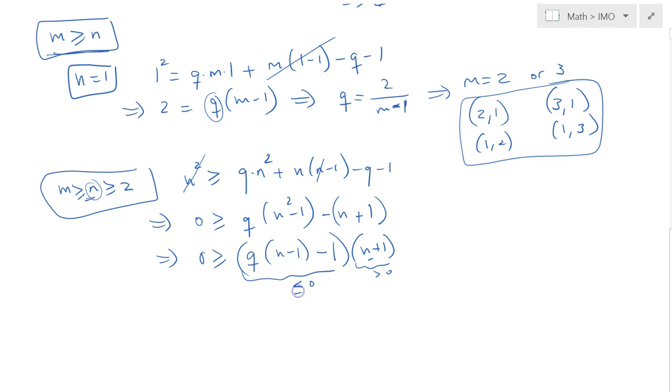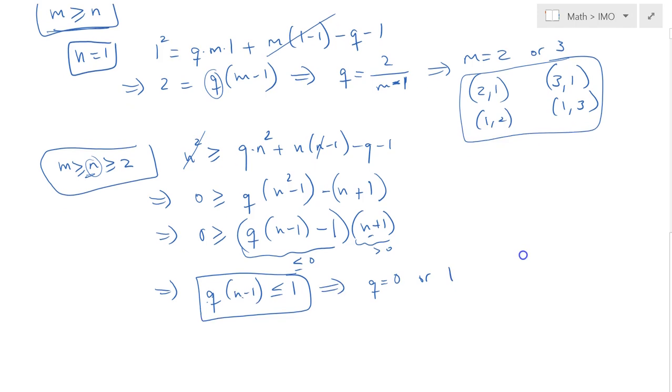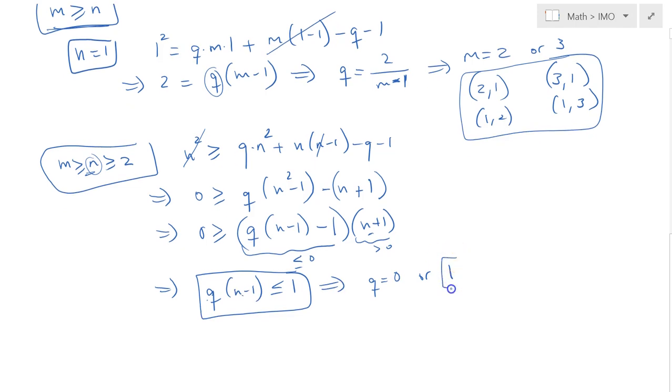So that would give us that q times (n minus 1) minus 1 is less than or equal to 0, so q times (n minus 1) is less than or equal to 1. And from here, because q and n are integers, this implies the only way this would work is if q is equal to 0 or 1, and in both cases, let's start with the easier case.